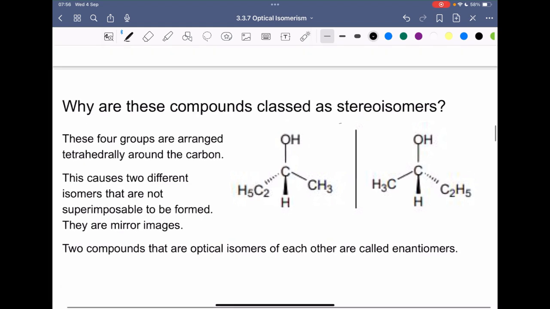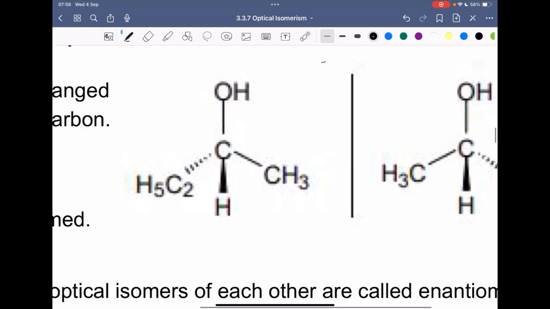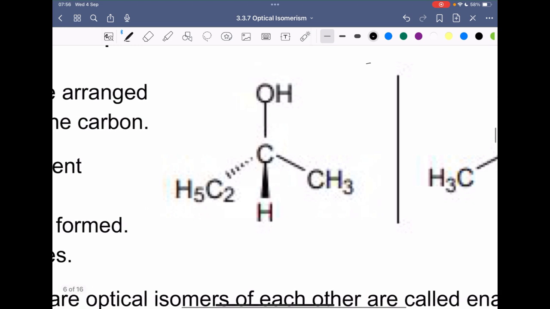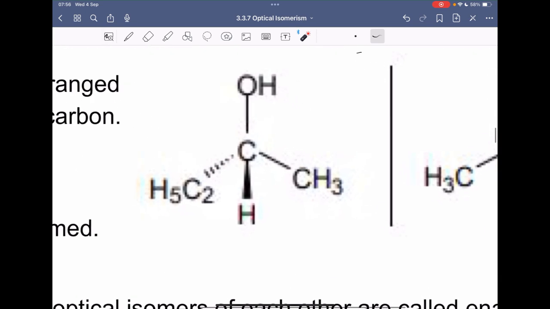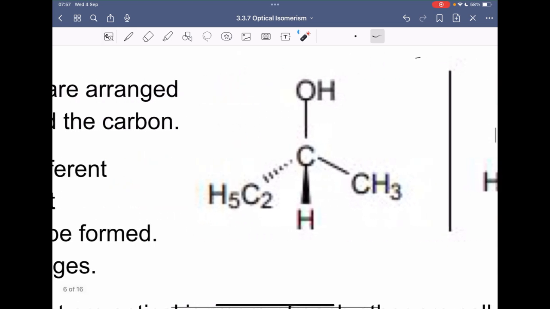Okay, so basically what this all means is when you have a compound with a chiral carbon atom like this, the four groups around it can be arranged in a tetrahedral, and essentially you can have a different orientation.